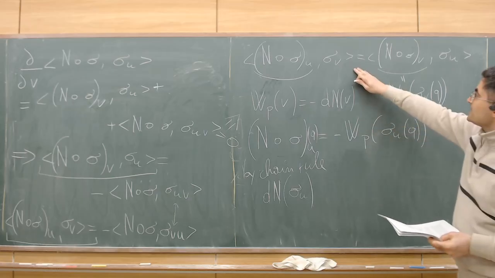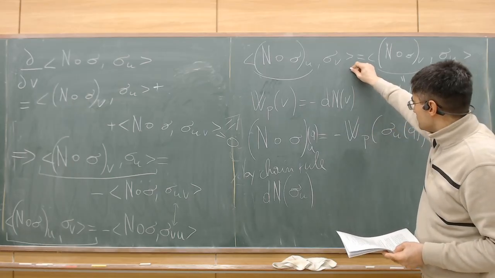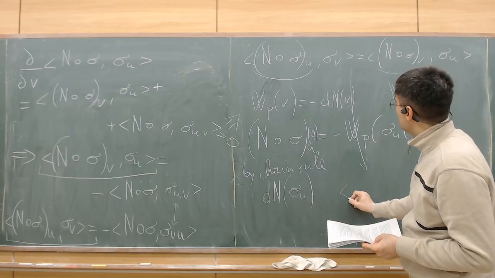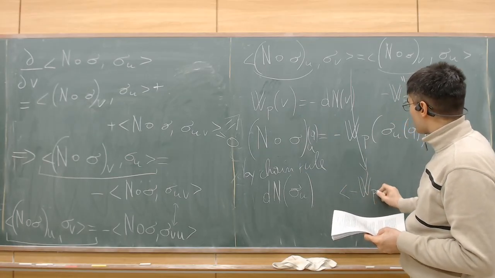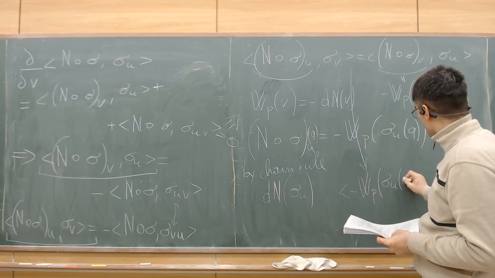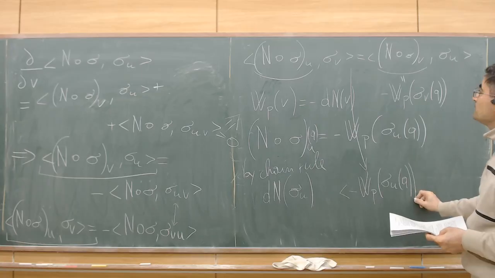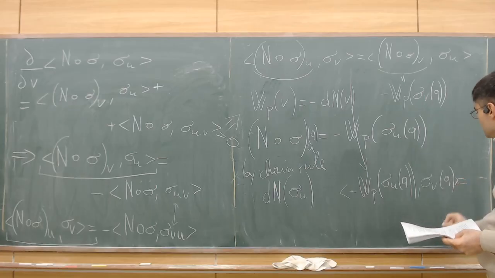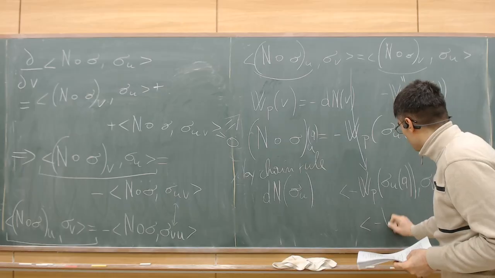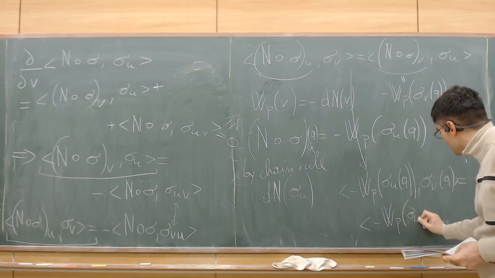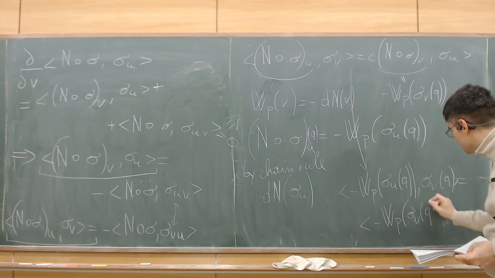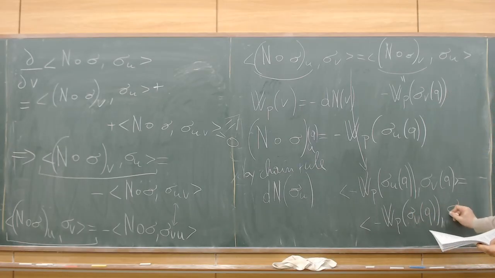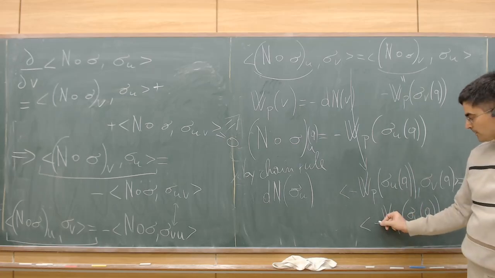Okay, so what does this identity say? It says that minus WP sigma U at Q multiplied by sigma V at Q is equal to minus WP sigma UQ, sigma VQ multiplied by sigma U at Q. And you can multiply both sides by -1.